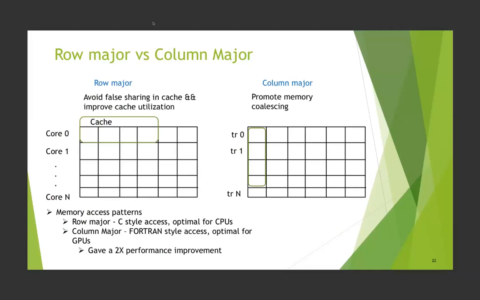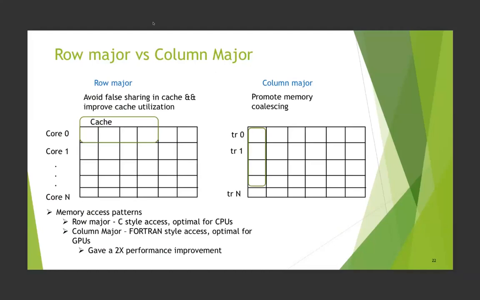Core 0 can get 4 or 5 elements into its L1 cache, and core 1 can do similar in its own L1 cache. If we store the data in a column major fashion, even though the cores might not be working on the same element, because the data is present in both core 0 and core 1's caches, it might lead to a lot of cache flushing, which is what we call false sharing. And we want to avoid that on CPUs.